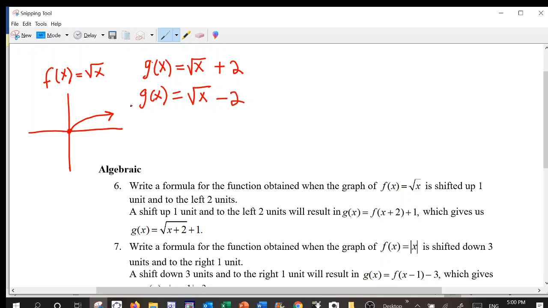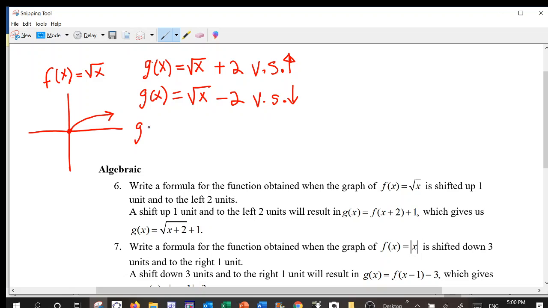Then it's like you're subtracting from the y coordinates, so they all go down 2 units. And this one is called the vertical shift up, and this one is vertical shift down.